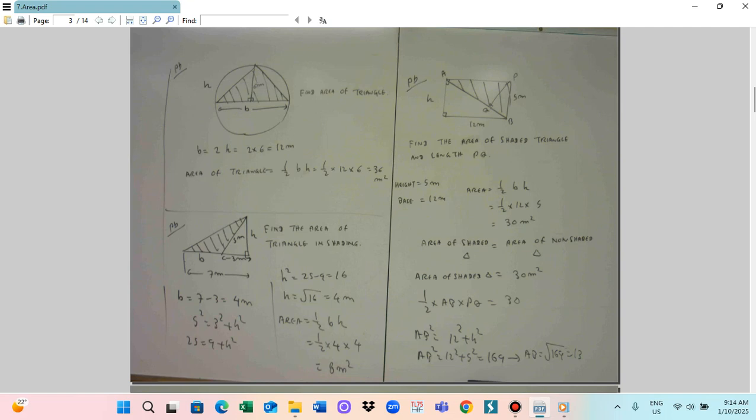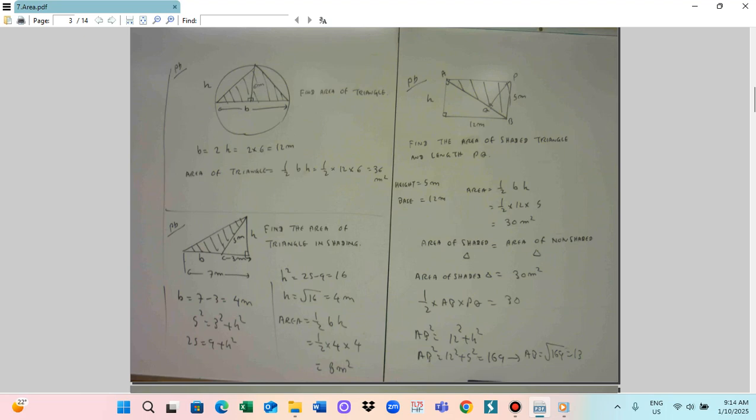So 25 is equal to 9 plus h square. 25 minus 9 you get 16. So h is equal to square root of 16, you get 4 meters. Then you get the area.